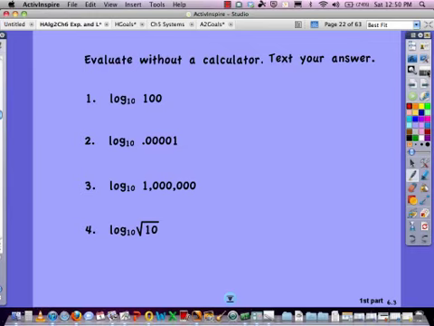So I'm going to read these just slightly different this time. I would say the log of the number 100 in base 10 is what? I don't have it here. I could say the exponent for the number 100 in base 10 is what number? So as I say that, we're writing either in your brain or on paper.